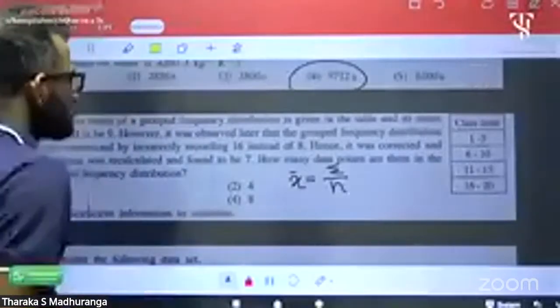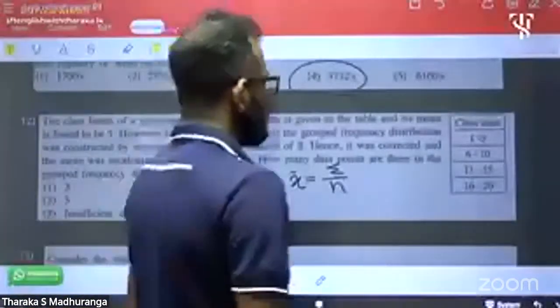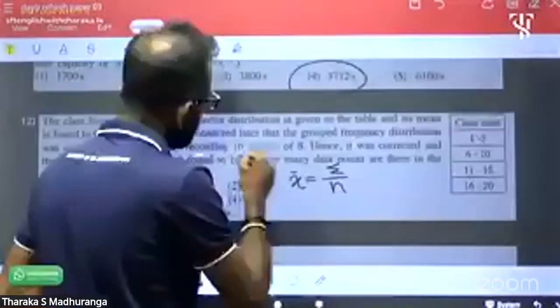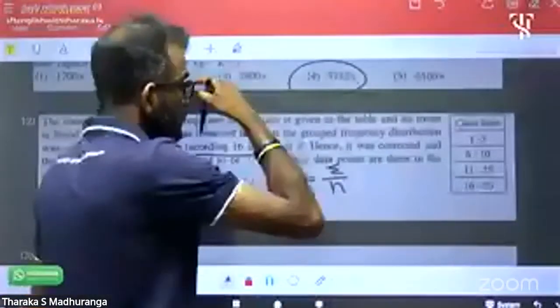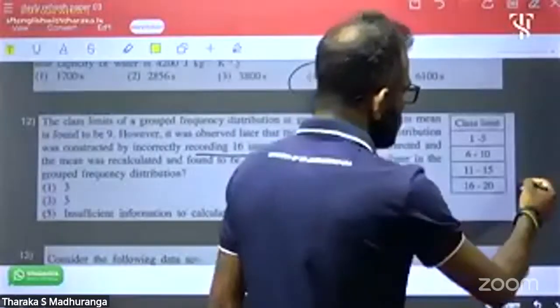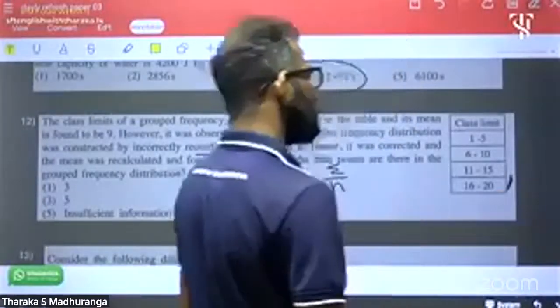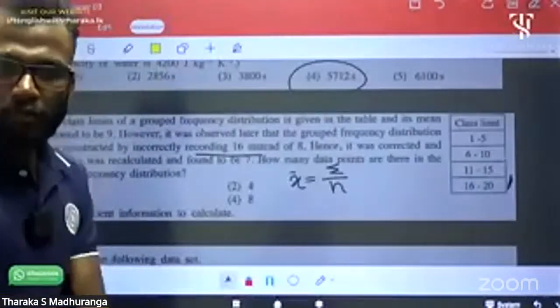Okay. Now initially it was recorded as 16 instead of 8. 16 is the wrong one. 16 means this is the group, right?